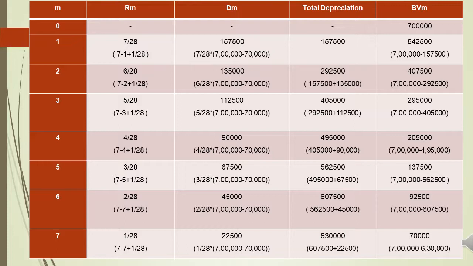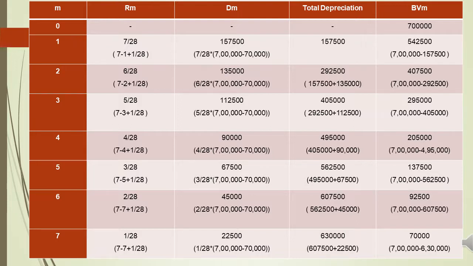Now to find the RM column, RM has a formula, that is n minus m plus 1 divided by SOY. SOY has another formula, that is n into n plus 1 by 2. n is given in the question as 7 years.